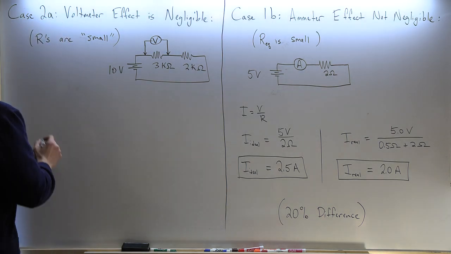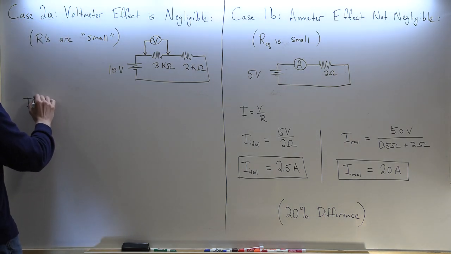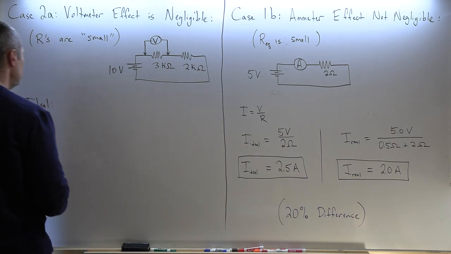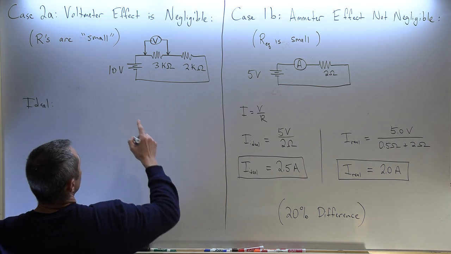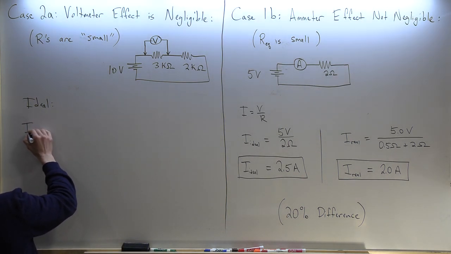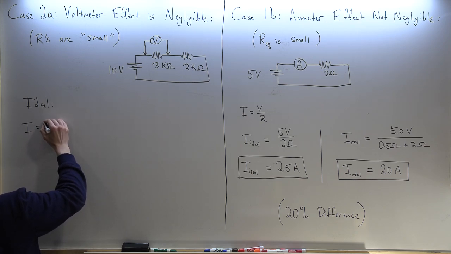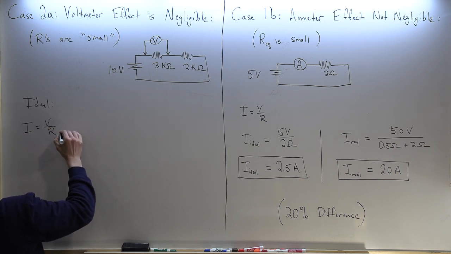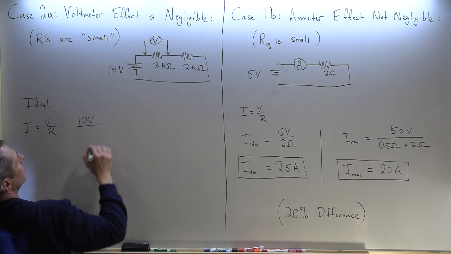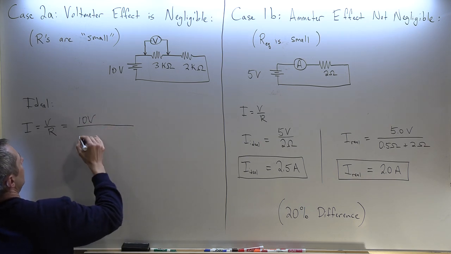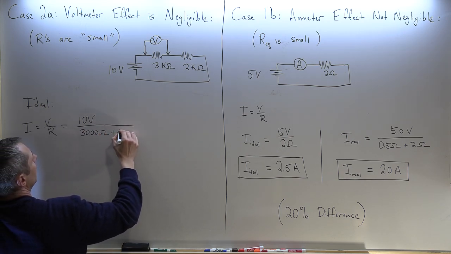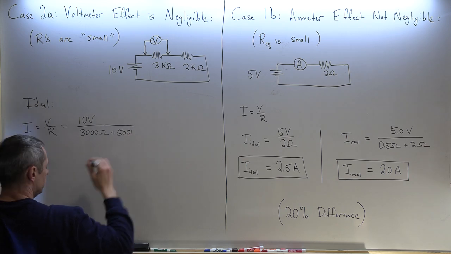Now in the ideal case, this is how I'd go about that calculation. I would first have to calculate the current in the circuit. And I could do that with Ohm's law. I equals V over R, which will be, and I have to use the total volts over the total resistance, 3,000 ohms plus 2,000 ohms.